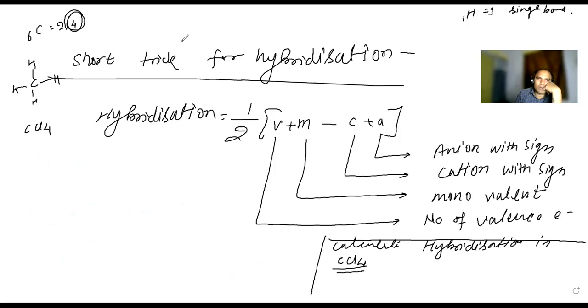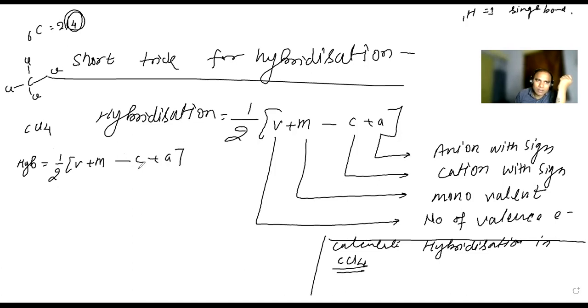CCl4, right? Yes, sir. CCl4 means if you are making the structure, all the Cl are there. Cl here, Cl here, this is Cl, right? Now hybridization is equal to 1/2 in bracket B plus M minus C plus A. Number of valence electrons in the carbon, how many are there? 4.